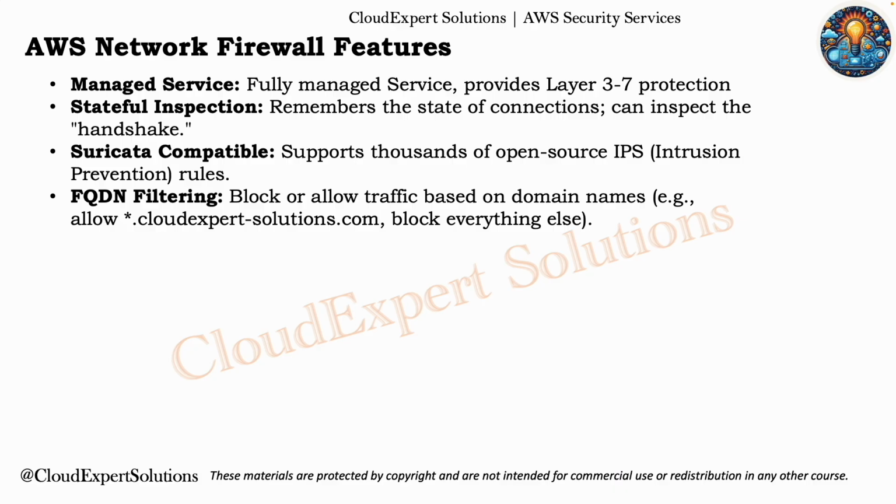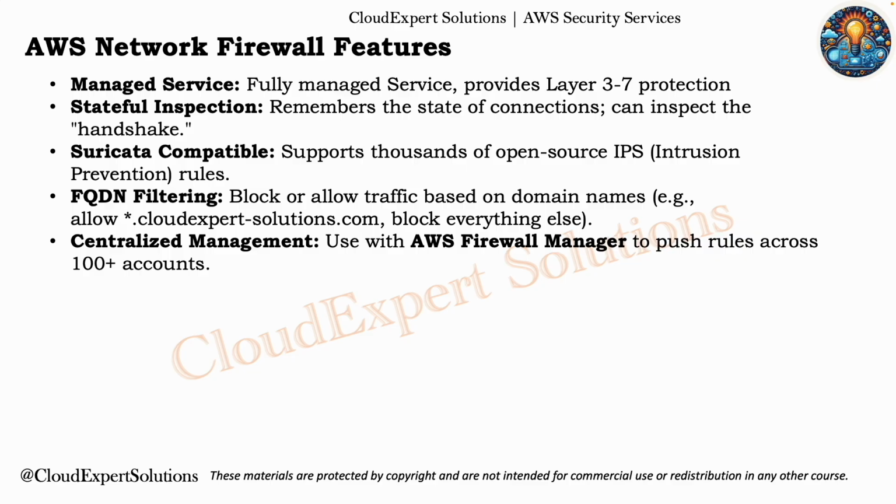For large environments, AWS Network Firewall supports centralized management using AWS Firewall Manager. This integration allows you to push firewall rules across hundreds or more AWS accounts, which will ensure consistent security policies across AWS accounts. Finally, let's talk about traffic protection scope.